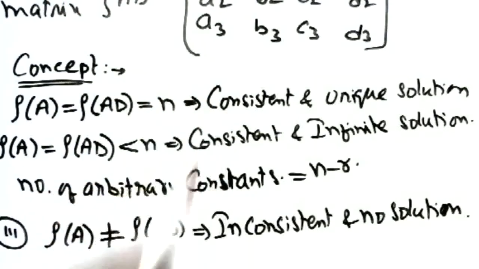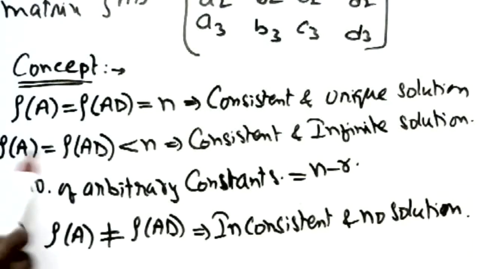So if rank of A equals rank of AD equals n, we say the system of equations is consistent with a unique solution.